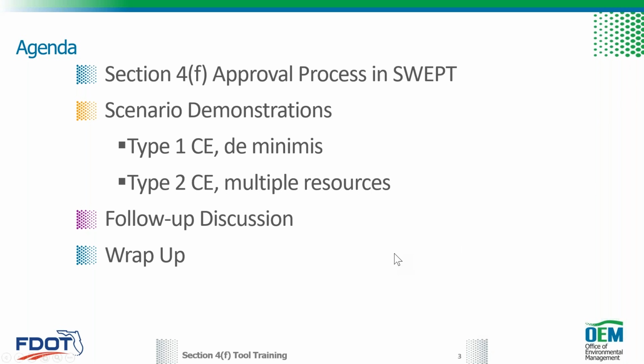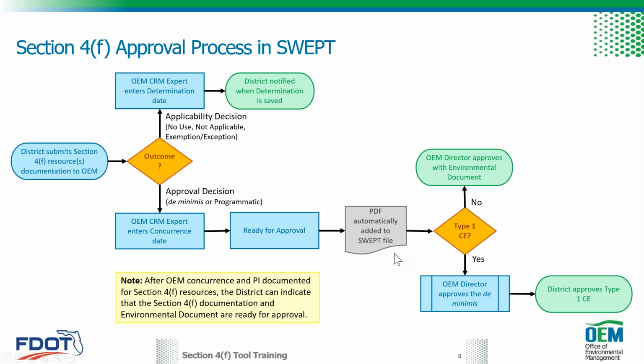Next slide, please. So the tool was designed so that you can record all of your project Section 4F information in one place. The information that you enter into the tool can be sent to OEM for review and approval within SWEPT. So you don't have to worry about filling out multiple forms in Word and PDFing them and submitting them through ERC for OEM review and then getting the approval and tracking down signatures.